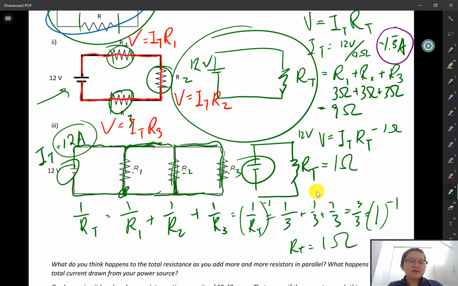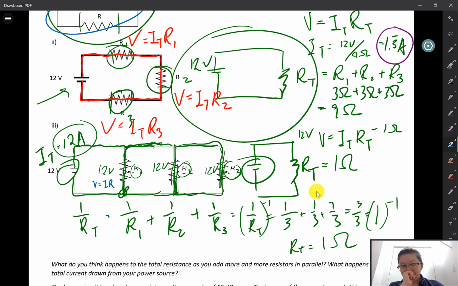We know that since these resistors are connected in parallel, the drop here is all going to be the same. The drop here is going to be 12 volts. The drop here is going to be 12 volts. And the drop here is also going to be 12 volts. Meaning that if you know the resistance in each of these resistors, then you can find the current across each of these resistors by using Ohm's law, V equals IR.